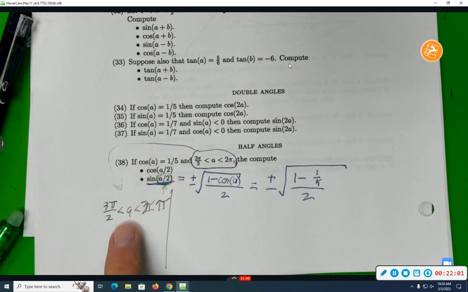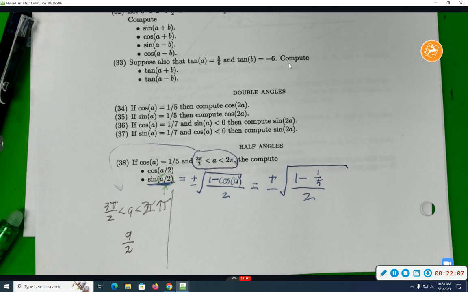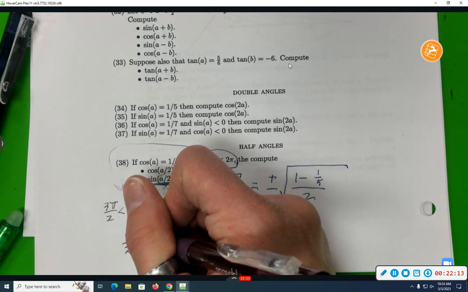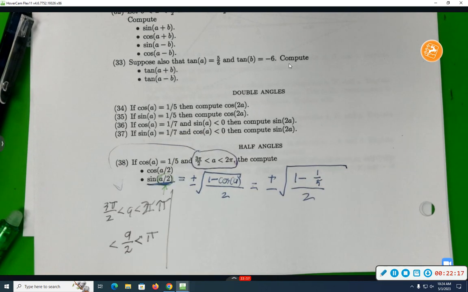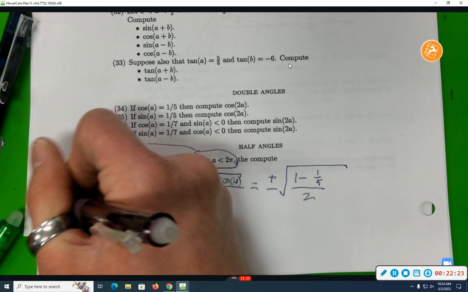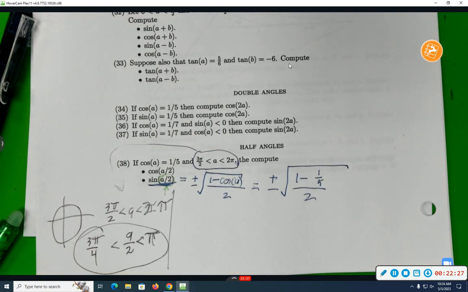I just need to replace a number A with that number divided by 2. So you can divide everything in that inequality by 2. What's 2 pi when you divide it by 2? What's 3 pi over 2 when you divide it by 2? All right, so there's the thing we actually know about A over 2. What quadrant does A over 2 live in?